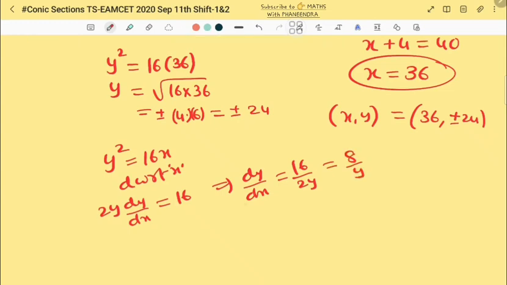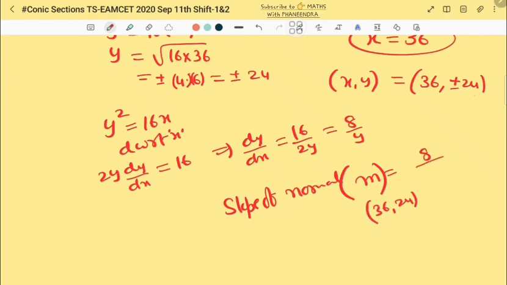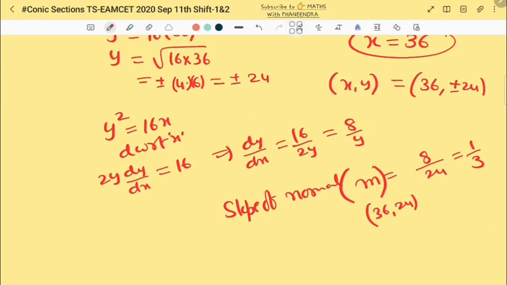This is the slope of the tangent. Slope of the normal we want. Slope of normal m is equal to, at what point? 36 comma 24. 8 by, y value is what? 24, you take it. So 1 by 3 will come. M value 1 by 3.